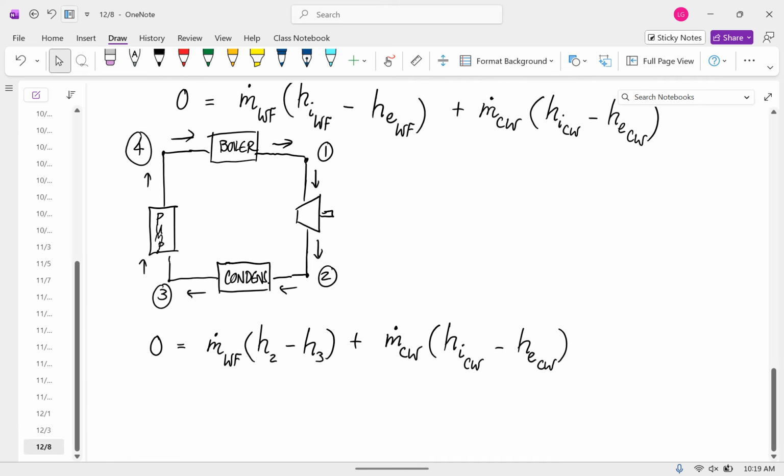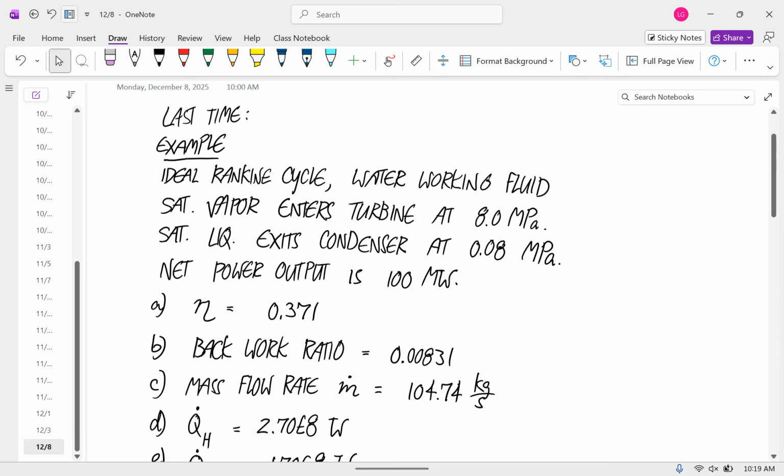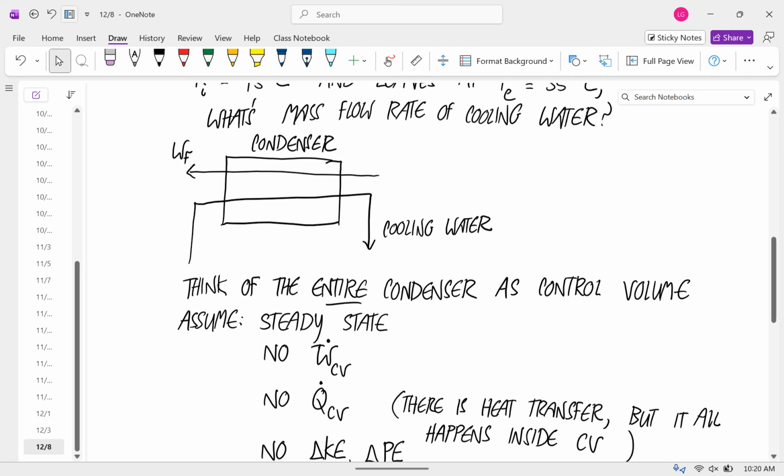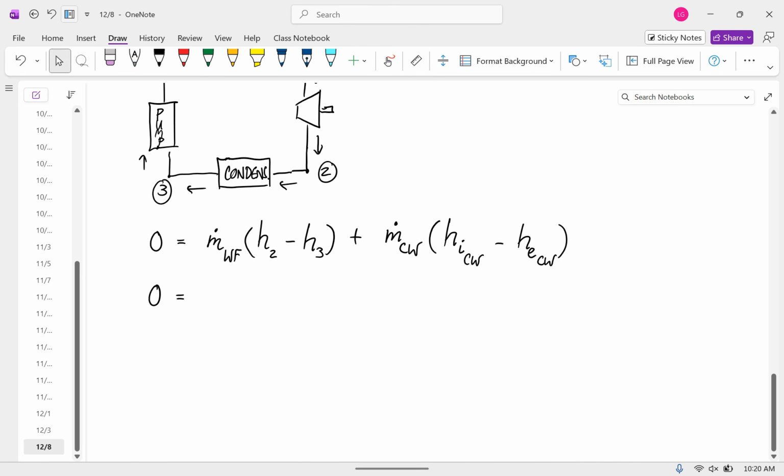Now we can fill some of this stuff in. So we have 0 is equal to the mass flow rate for the working fluid. Every calculation we've done up to this point has been referring to the working fluid. So here we have mass flow rate, 104.74.